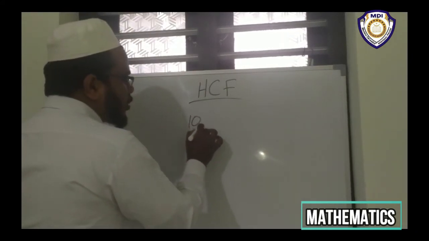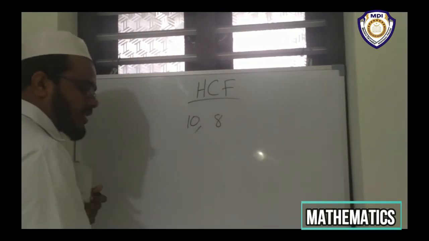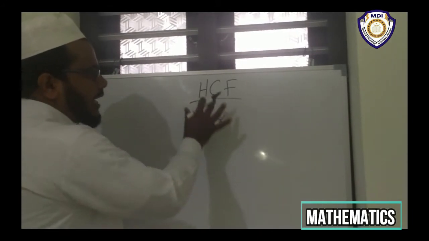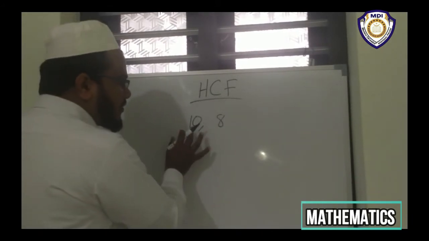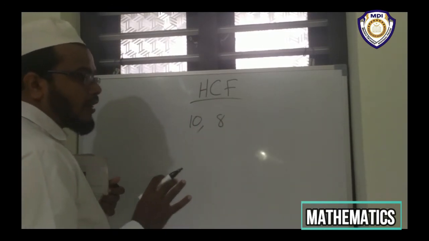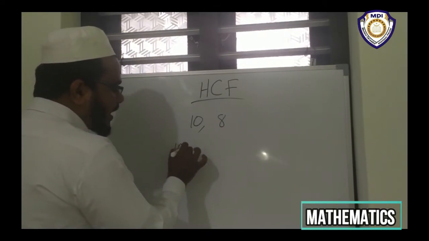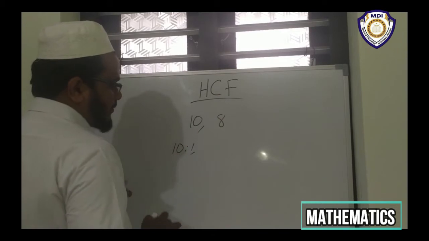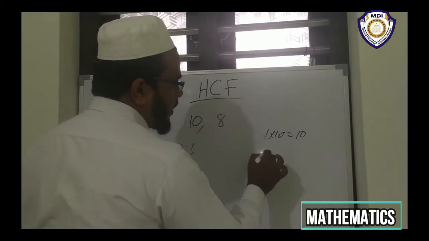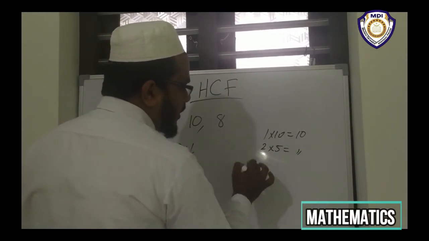Let us take two examples, 10 and 8. Find the HCF of 10 and 8. First we have to find the factors of 10. Factors of 10: 1 into 10 is 10, 2 into 5 is 10.